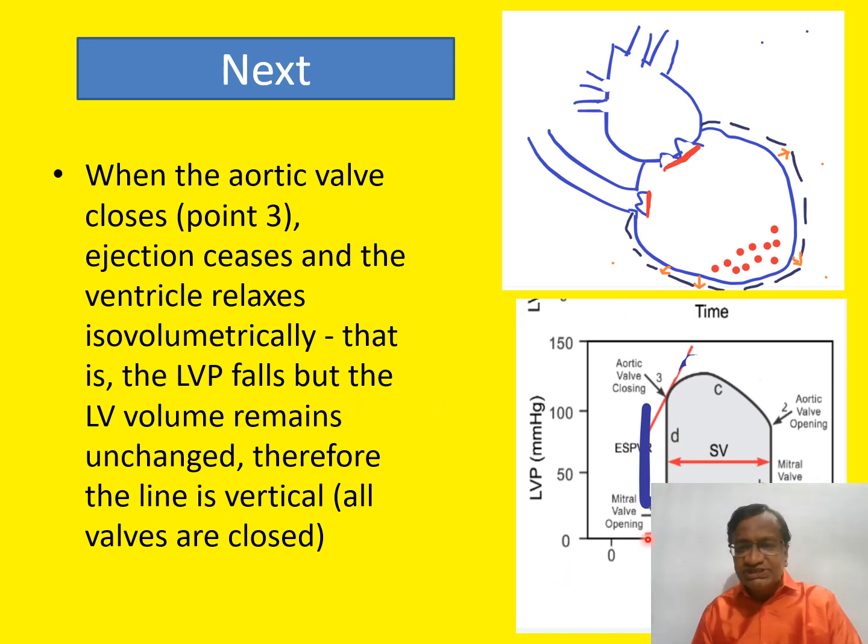The volume does not change, but the pressure comes down from 125 to 5 or 6. Understand? This is called the isovolumetric relaxation phase. This is phase 3 to 4. This is called D. This starts diastole. Now we are told B and C are systole, D is diastole.